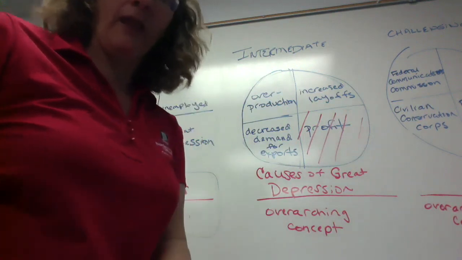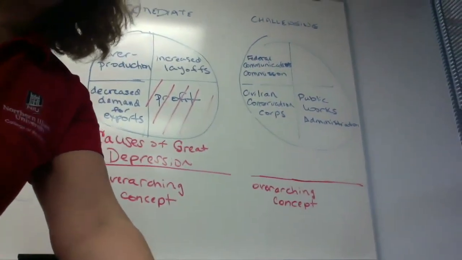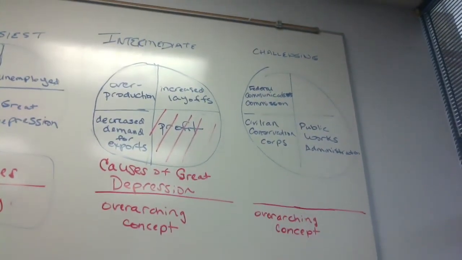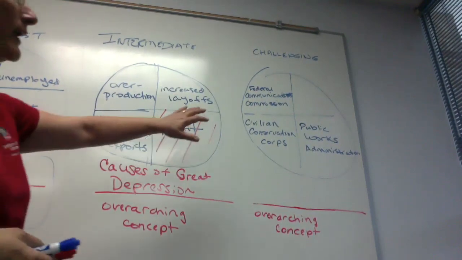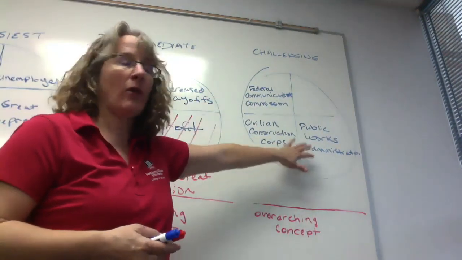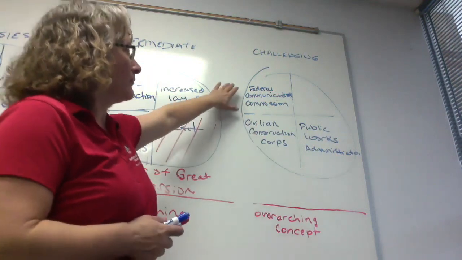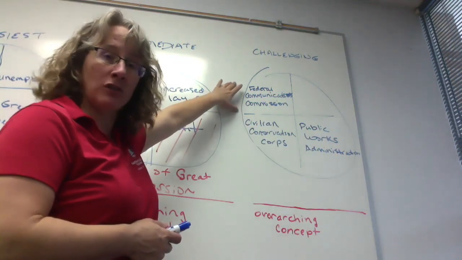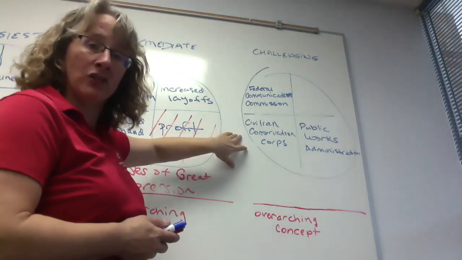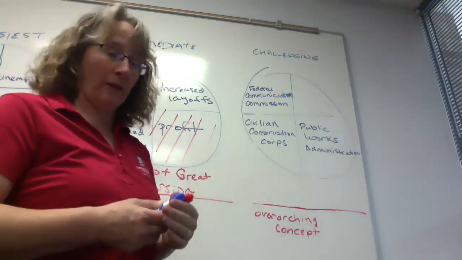All right, and the last, we have the third category, which is the more challenging, where we have three categories that are similar, and we leave at least one category blank. So in this case, we have the Federal Communications Commission, the Civilian Conservation Corps, and the Public Works Administration.